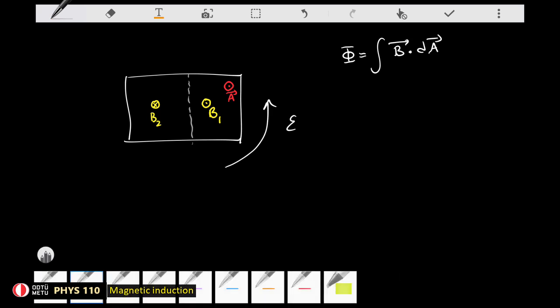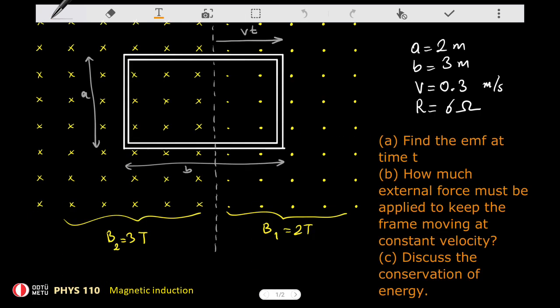What are the side lengths? So let me go back to the question again. So the side lengths of the frame are A and B. There's this plane in a way that separates these two regions with different magnetic fields. So the distance of the right side of the frame from that plane is v times t.